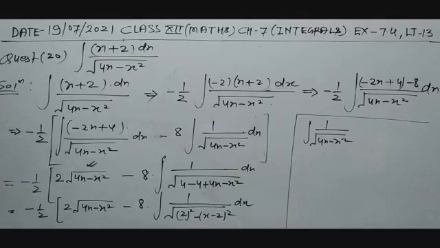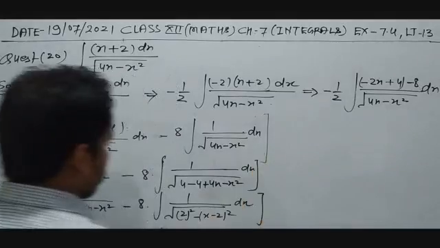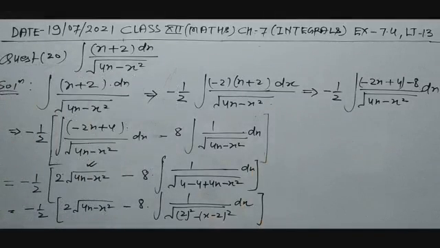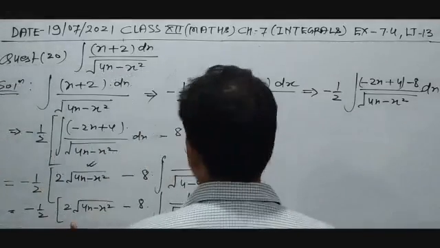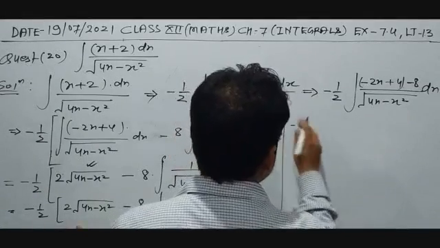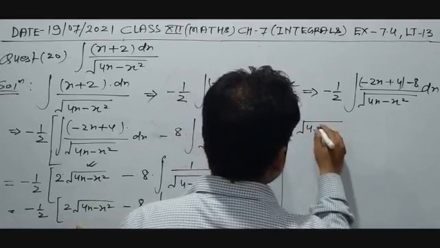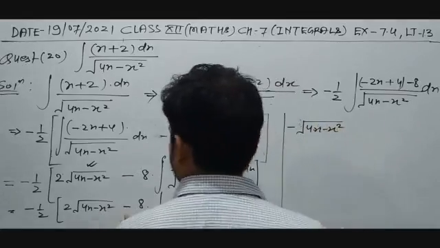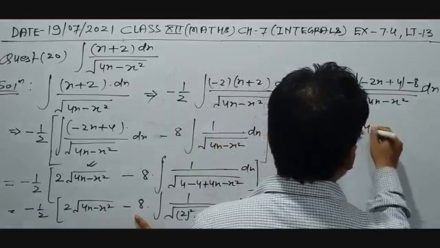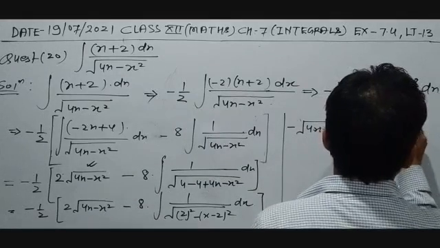Now this is the integral format of root over a square minus x square, and you know its result is sin inverse of x by a. The result is multiplied by minus 1 by 2. First you get minus root over 4x minus x square, and next with minus 1 by 2 you get plus 4 times the integration of 1 upon root over a square minus t square, that is sin inverse t.